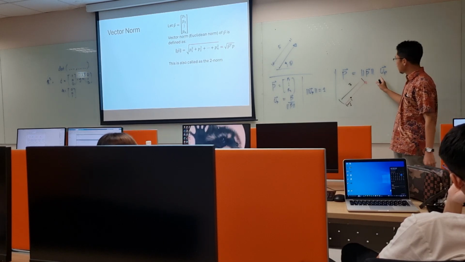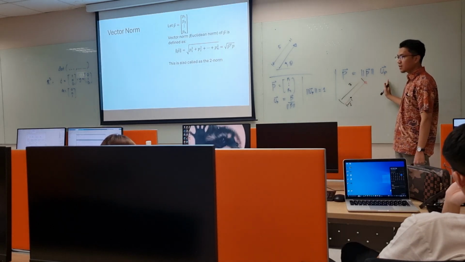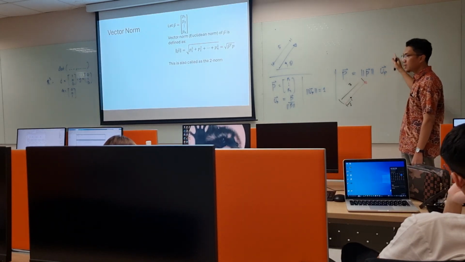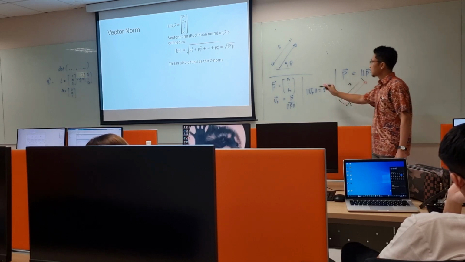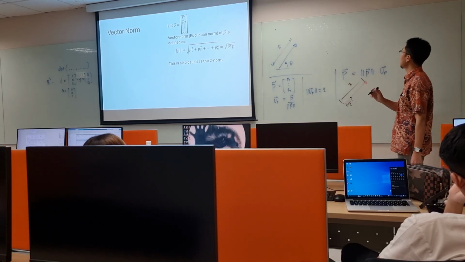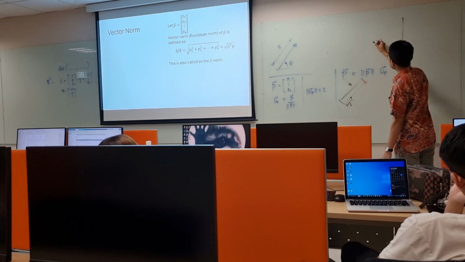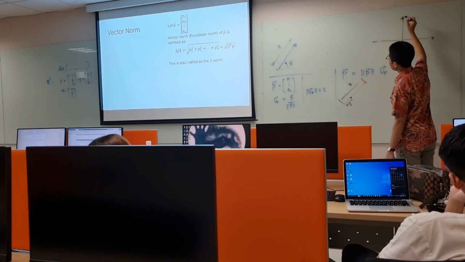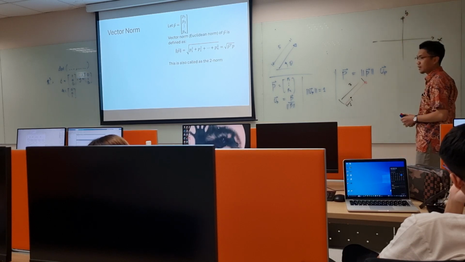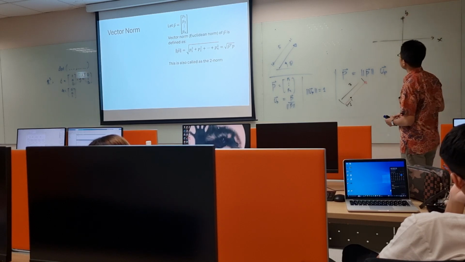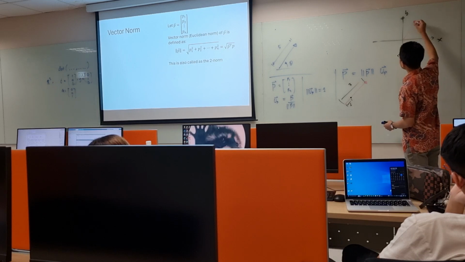The good thing about this is that you can get the unit vector easily by just knowing the orientation. If this is the Cartesian coordinate, x, y, then you have your vector like that, and this is theta.